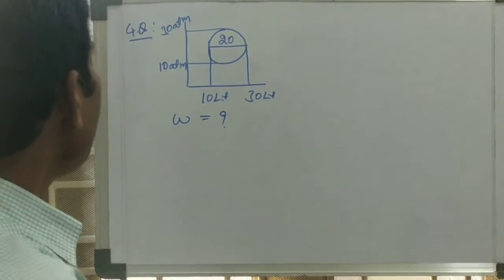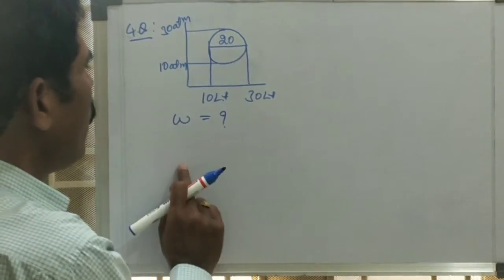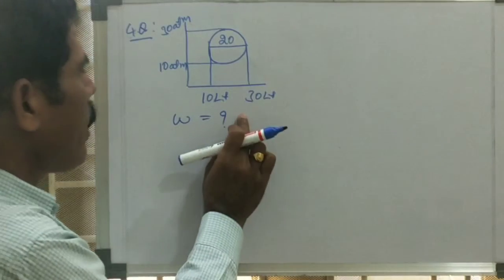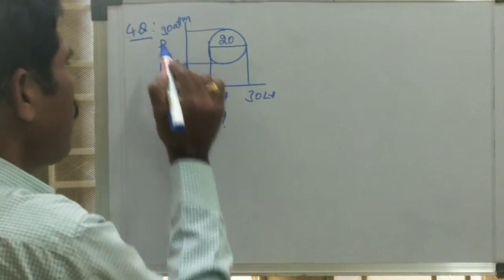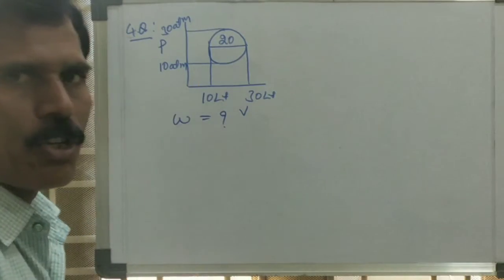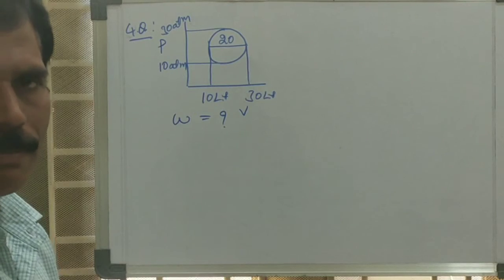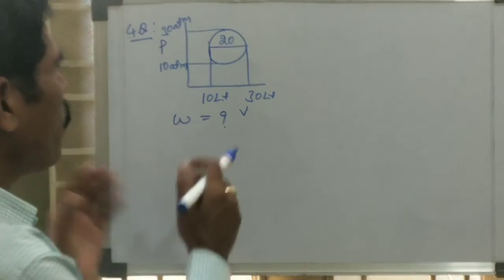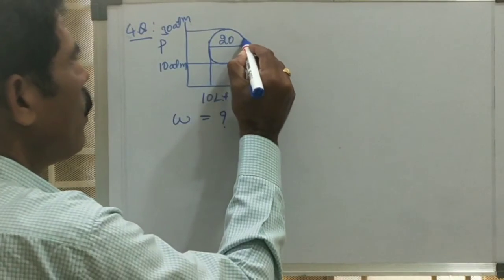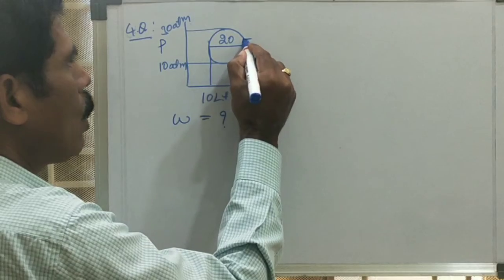Dear students, the fourth question was given. Write here the graph. On the x-axis volume was given, on the y-axis pressure was given. They are asking to calculate the work done by the system, right? Either it may be positive or it may be negative. So based on this direction we are going to calculate. The direction of the circle is anti-clockwise.